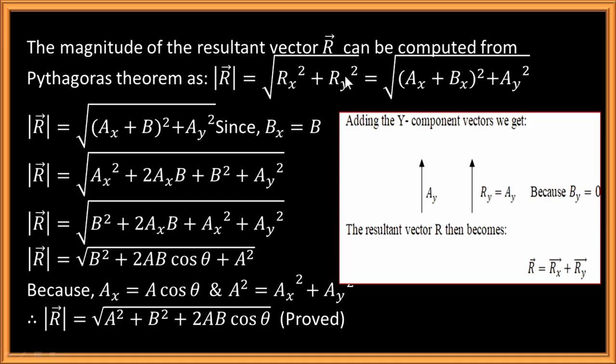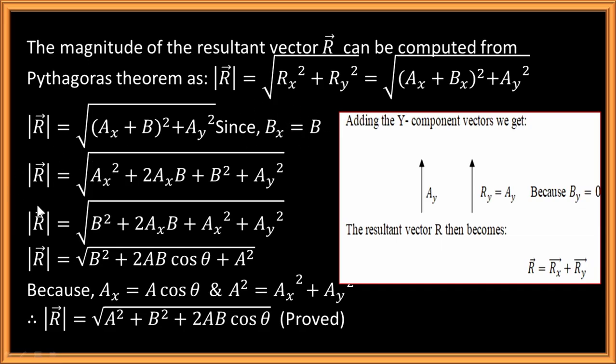We know that Rx is the sum of x plus b, so this sum is squared, and plus Ry is simply ay, so it is ay squared. Then R squared is (ax plus b) squared plus ay squared, because bx is equal to b.